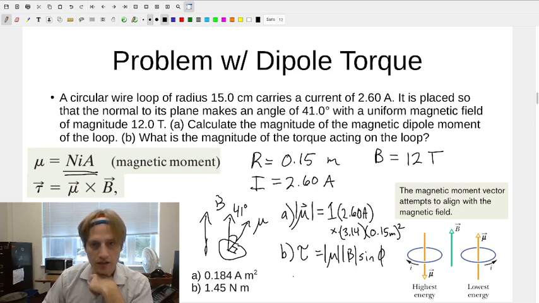So in this case, torque is equal to what you found for the magnitude of the magnetic moment, 0.184 amps meters squared.